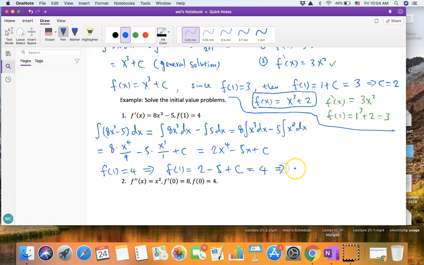So c equals 7. Therefore, the solution to this initial value problem is 2x to the 4th minus 5x plus 7.